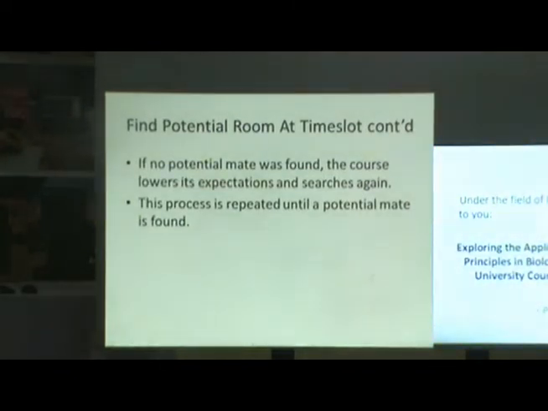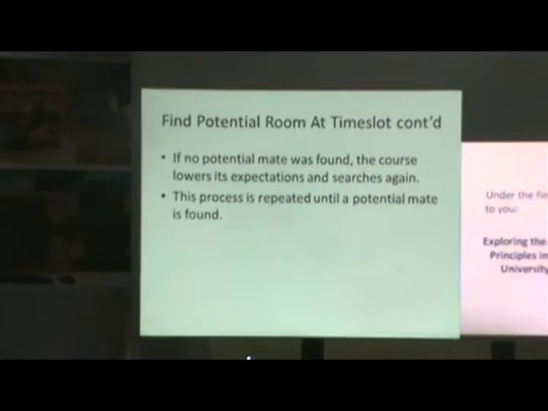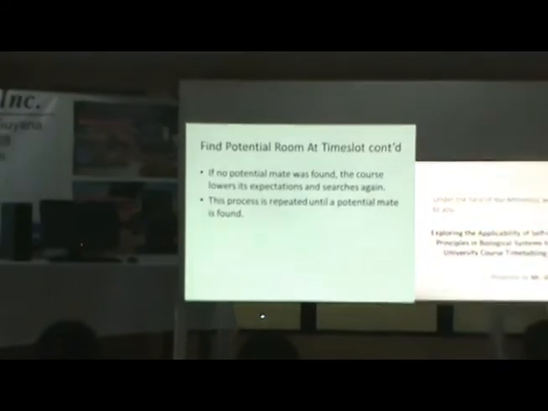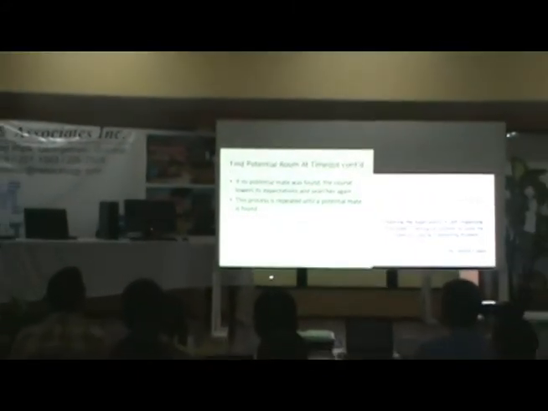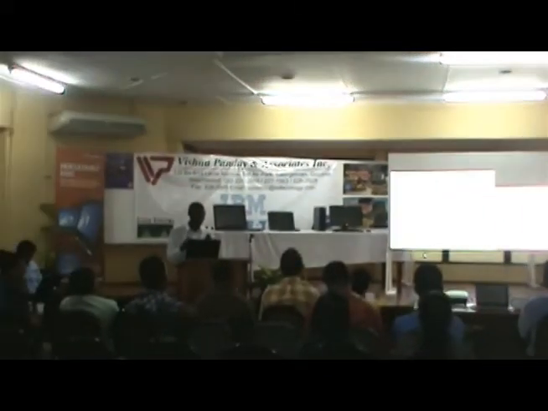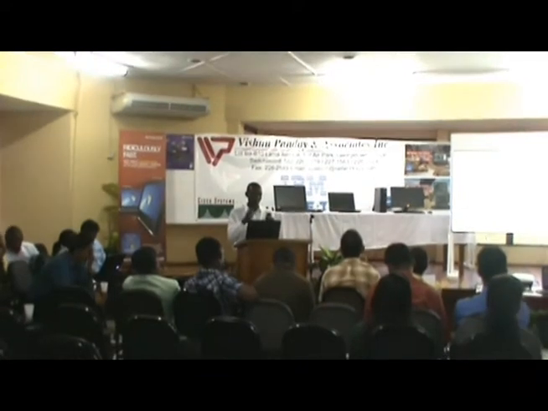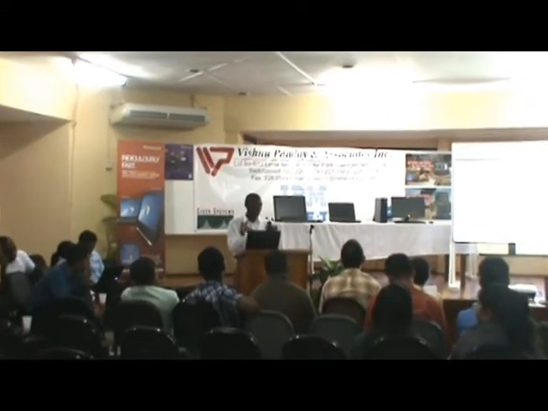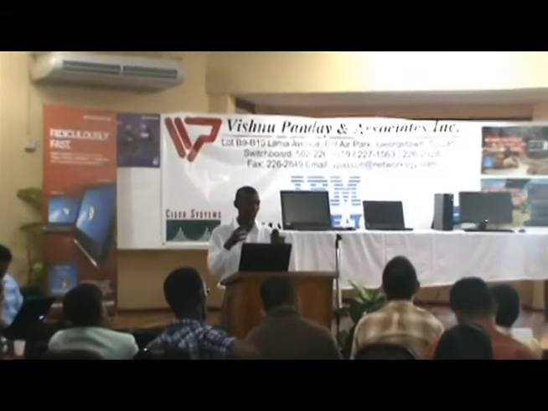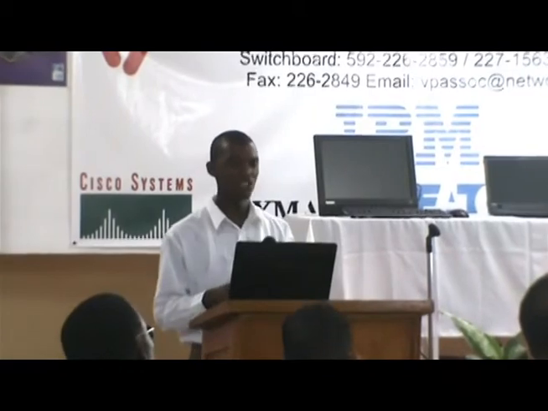If no potential mate was found, then he will lower his expectations and search again. To relate this to the timetable problem, for example, if a course searches for a room and all the rooms are smaller than its size, what he can do is split in half, and that will be represented as two entities, and they can go and search the environment. This process is repeated until a potential mate is found, so that all entities can mate within the system.